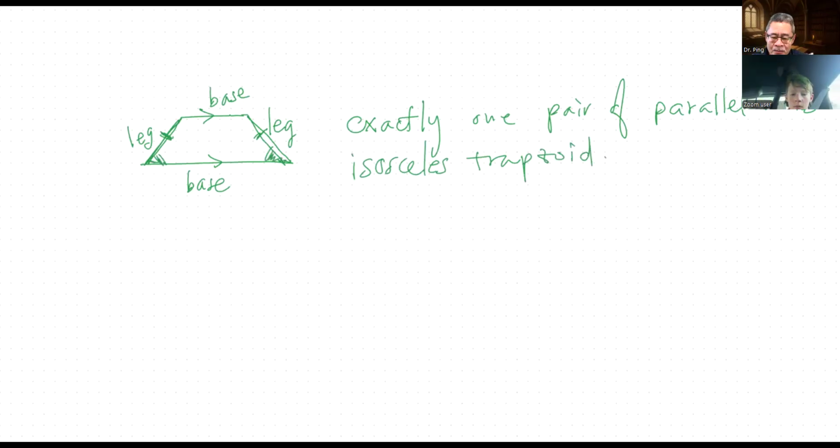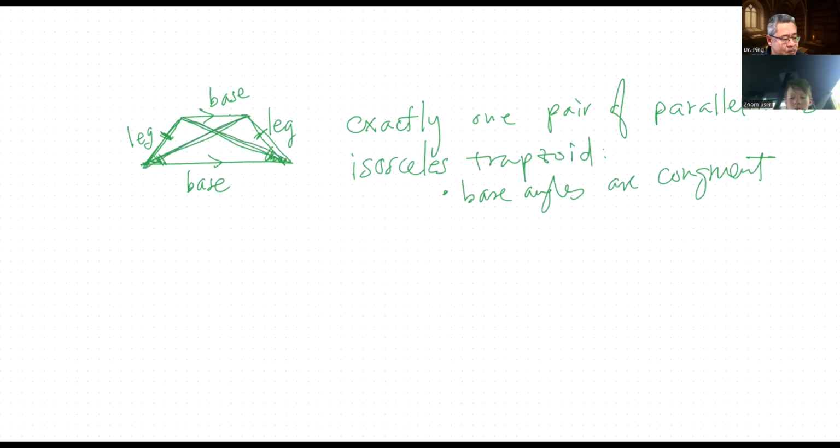So base angles are congruent. All right. So the diagonals may or may not be the same. If it's an isosceles trapezoid, then the diagonals are congruent. But if it's not, then they're not.